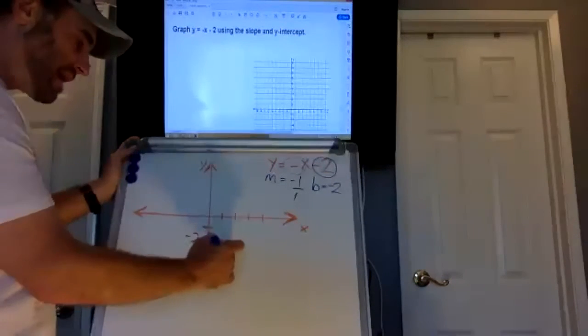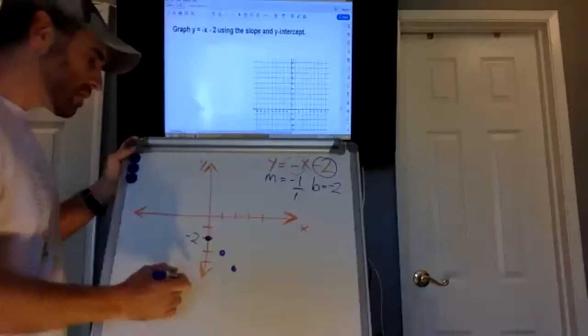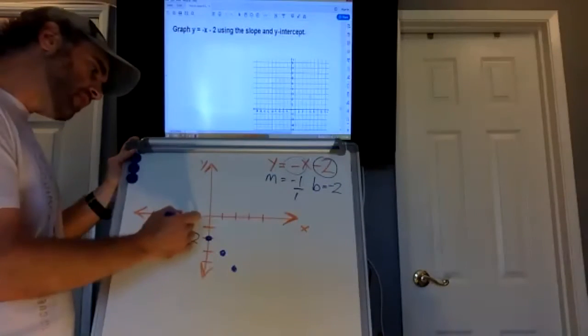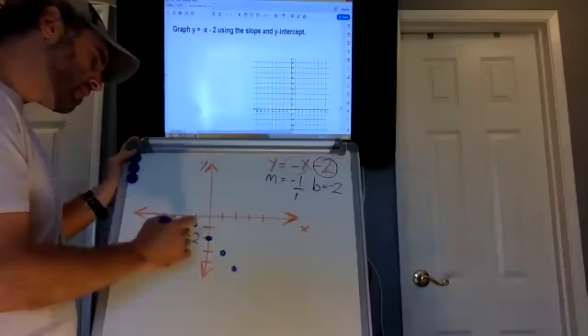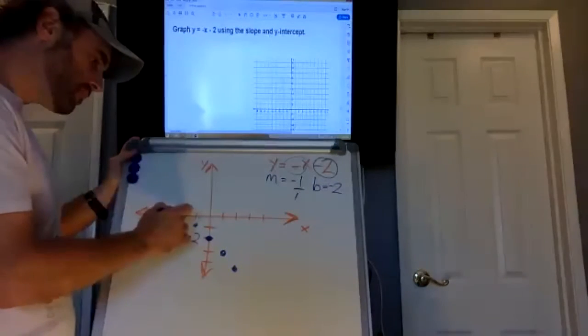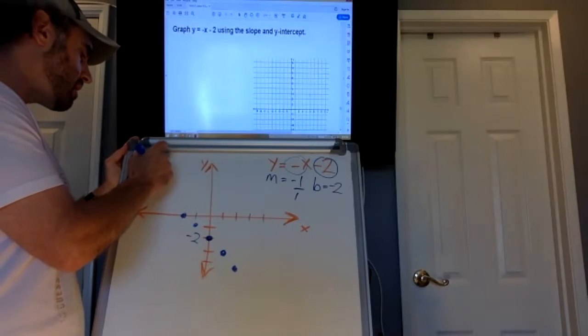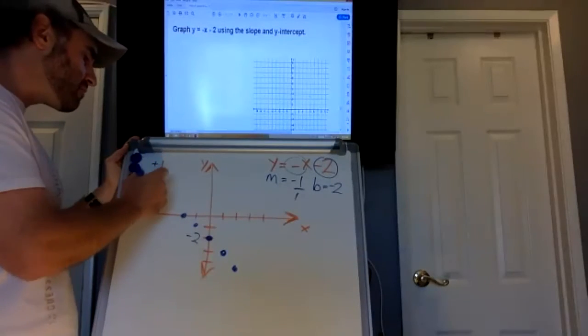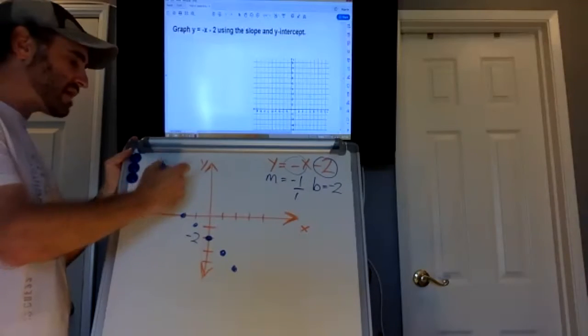And I have my line. I can do that again, drop down 1 and go over 1. I can even go up 1 and to the left 1 if I want. Doesn't matter. I can go up 1 over 1 here because it's along the same line. Because if I go up positive 1 to the left 1 and you simplify that, that's -1.